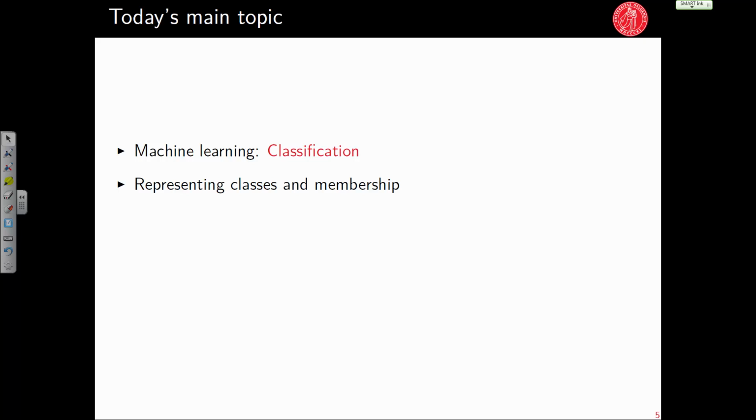And what do we mean by class membership, so when is a point a member of a class? Then we'll look at two examples of classifiers, simple classifiers, powerful in some tasks but easy to understand and easy to implement: the Rocchio classifier and KNN, the K nearest neighbor classifier.